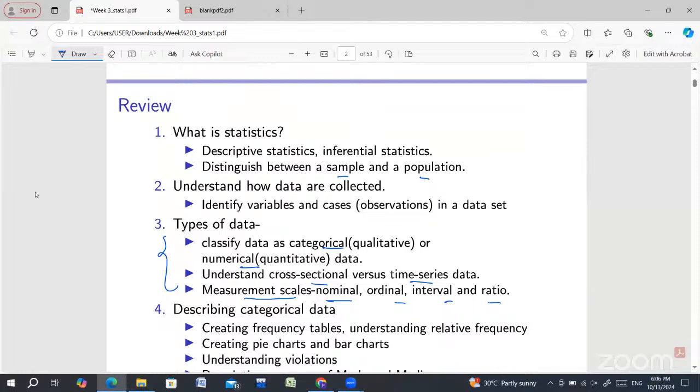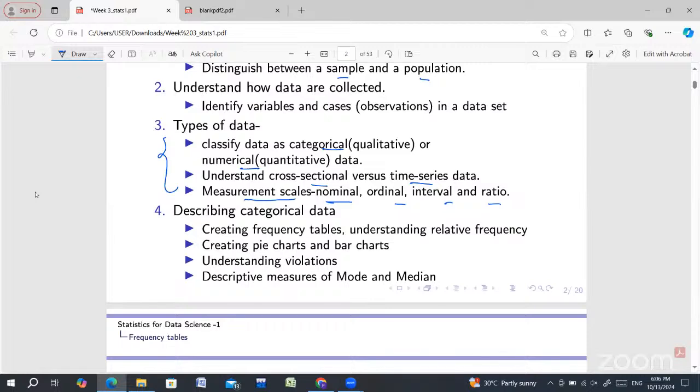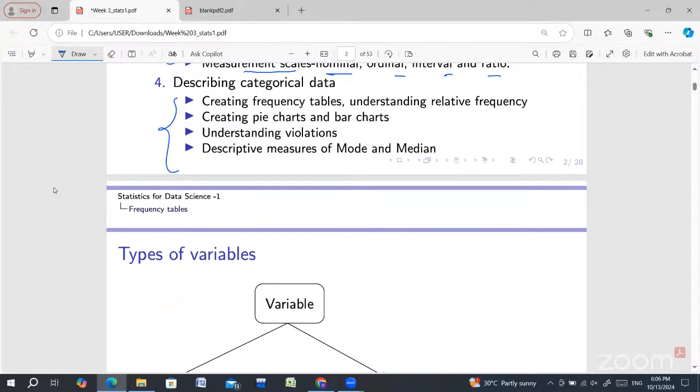In week two, you studied how to describe our categorical data. In week three, we will study how we summarize our numerical data, the different measures for numerical data, and how we represent them graphically.